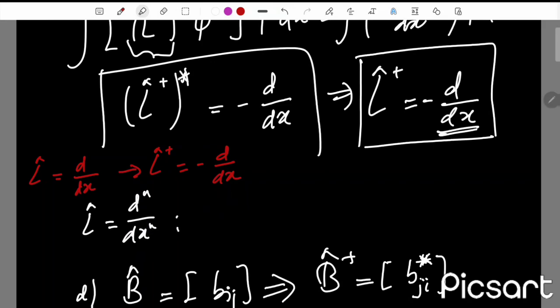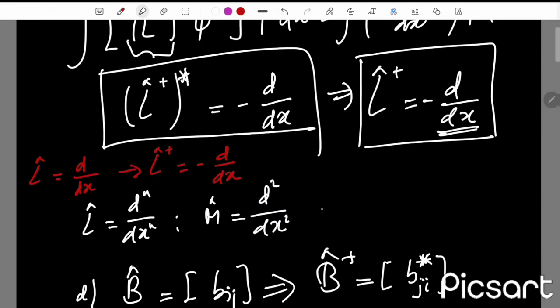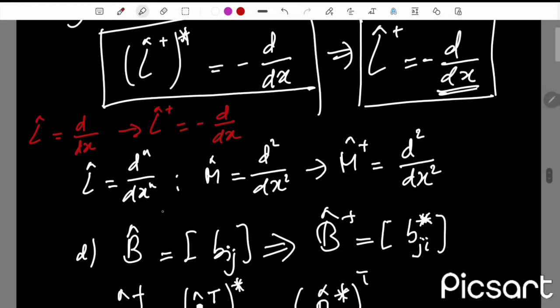We can use the same procedures that we have used to solve this exercise to show that if we have M equal to d power 2 over d of x power 2, its conjugate operator is actually equal to d power 2 over d of x power 2.